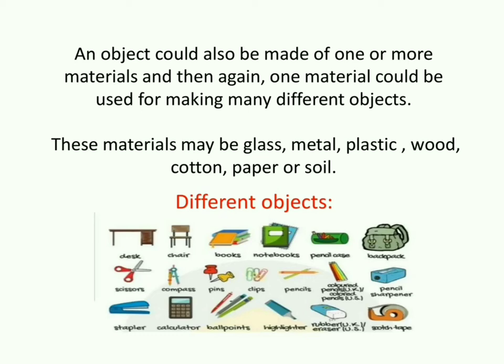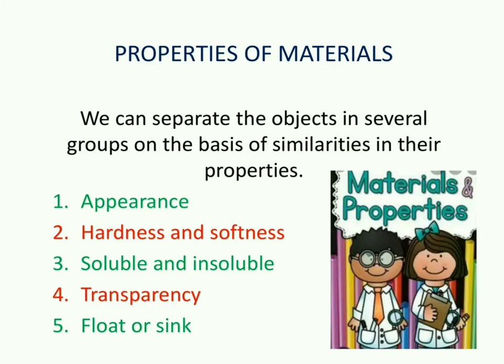Different materials have different properties. We make a tumbler from materials such as glass, plastic, or steel because all these materials have a property to hold water or other liquids. So we cannot make a tumbler from a piece of cloth because a piece of cloth cannot hold water.